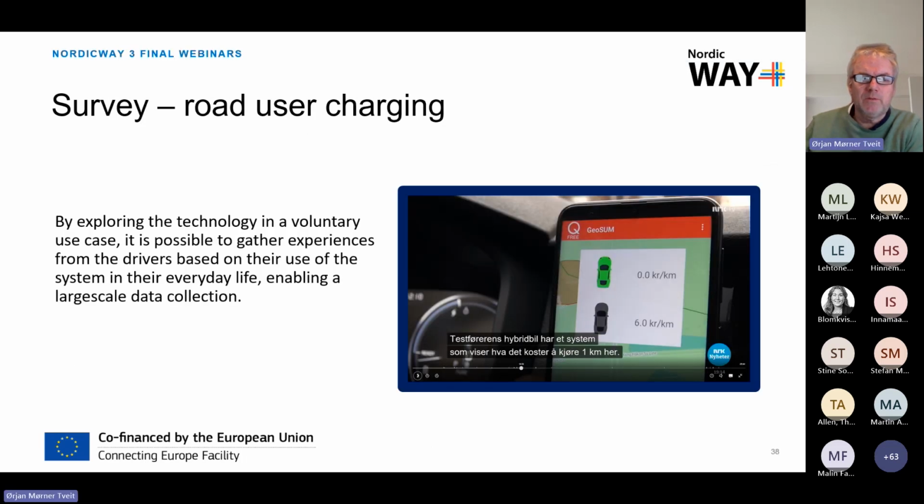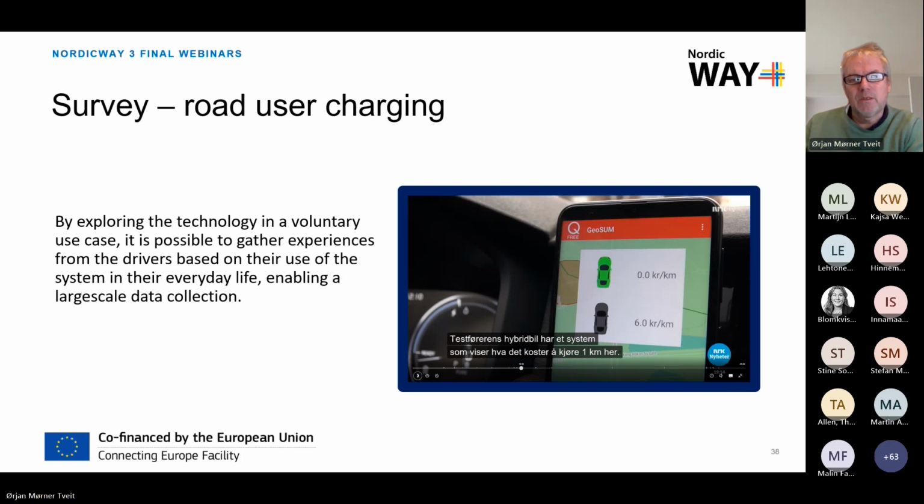We did another survey with road user charging, and this was more like a gaming setup, because we took hybrid cars and said that they should try to drive electrical in the city center. We used gamification by saying that if they drove electrical, the fee was 0.